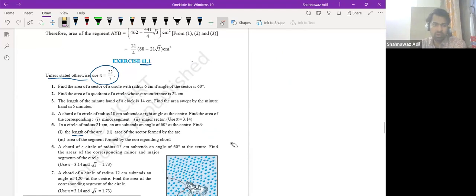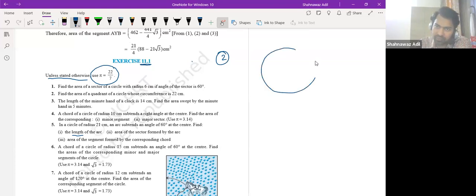Okay, so in the second question: find the area of the quadrant of a circle whose circumference is 22 centimeters. We have a circle and we have a quadrant of a circle. What is the quadrant of a circle?